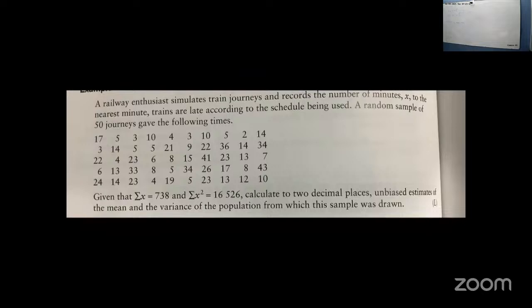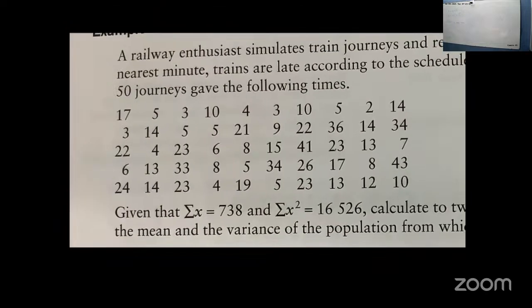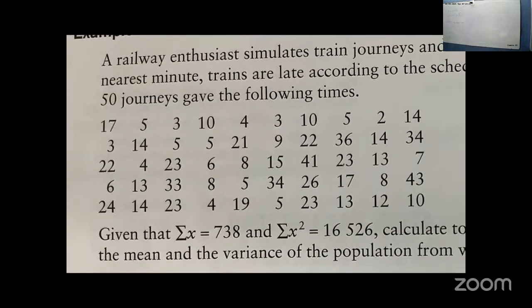Right, from this same data, I want you to find something from it. Let me zoom in a little bit so you'll see it better. Using the same data, I want you to estimate for me. Write this down: estimate the proportion of trains that are more than 25 minutes late.